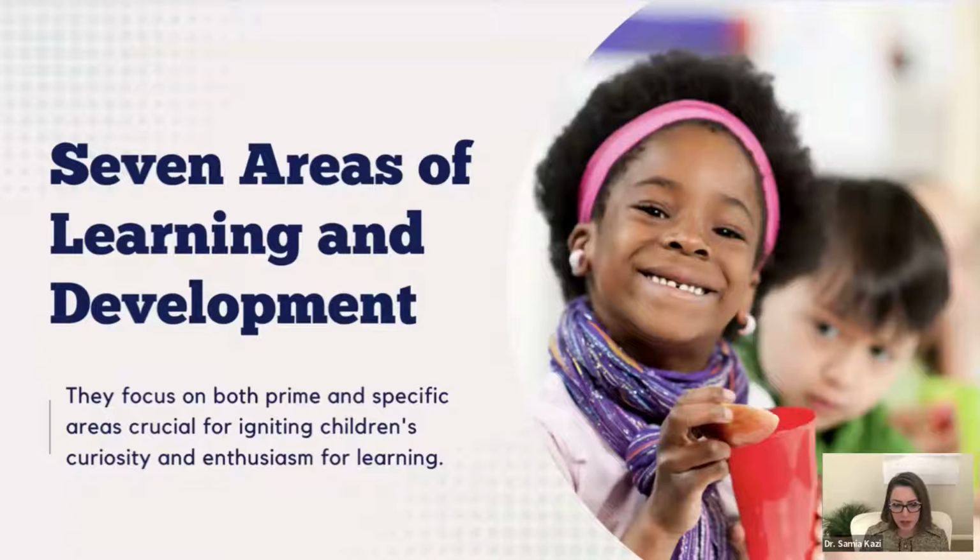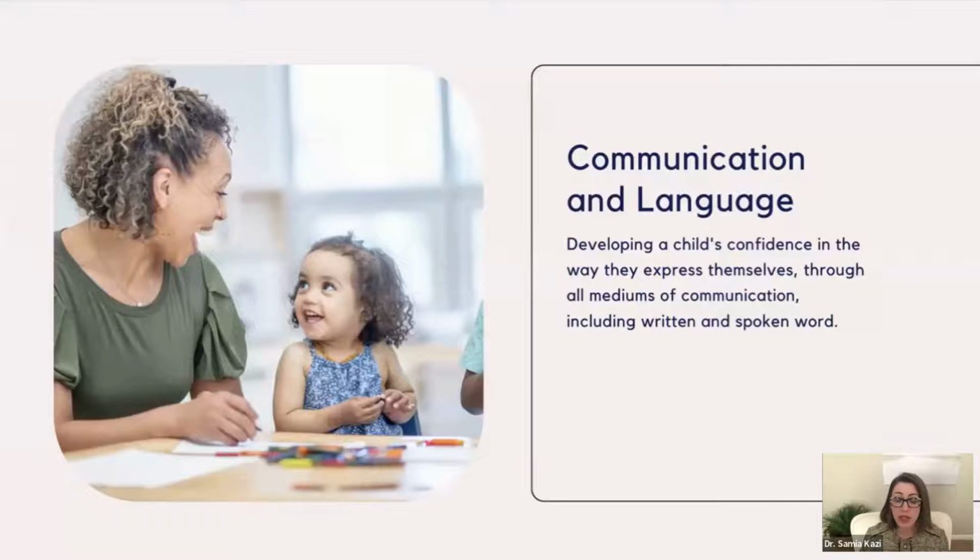So let's take a look at the 7 areas of learning. We have the communication and language. So this area involves giving children opportunities to experience rich language environments, experiencing not only language, but language environments.